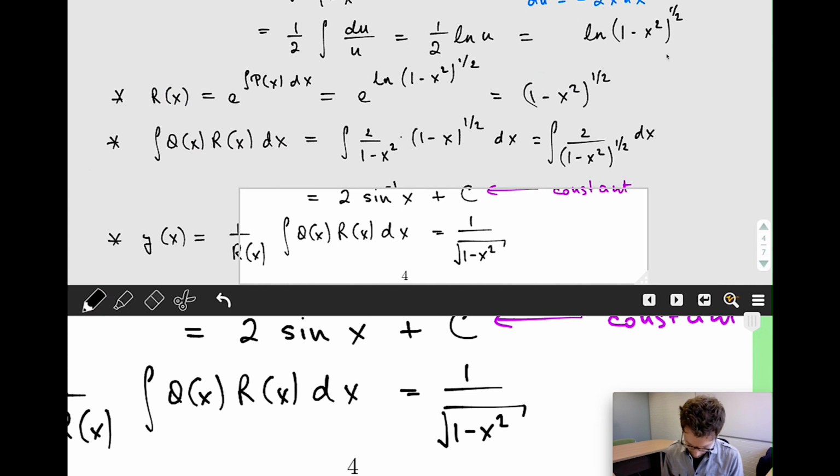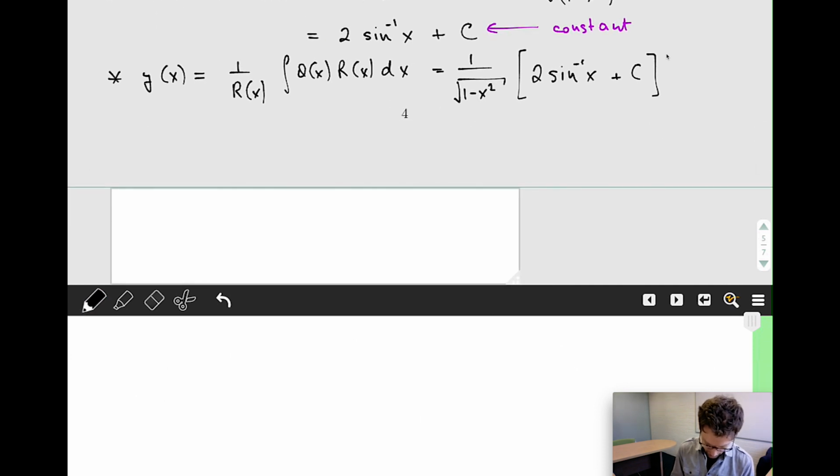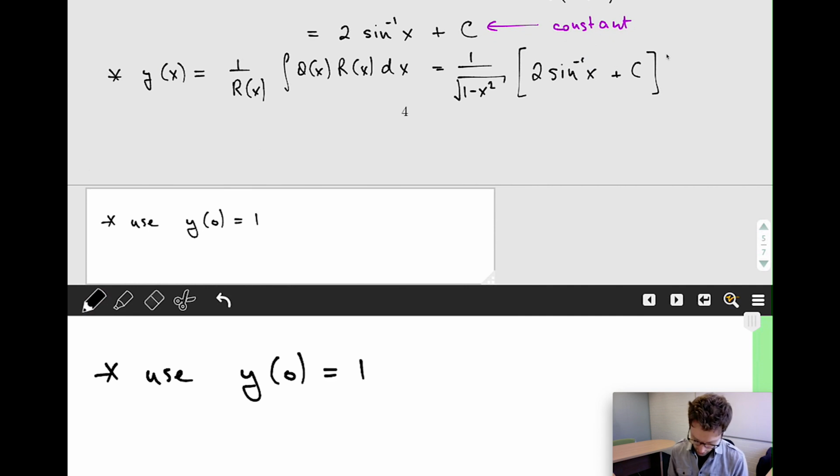The integral of q times r was 2 sine inverse x plus c. Now we still need to figure out what c is, and we're going to do that by using the initial conditions. So that's our last step here, using the additional piece of information that we're told, when x is equal to 0, y is equal to 1, to fix or to figure out what the value of c is.